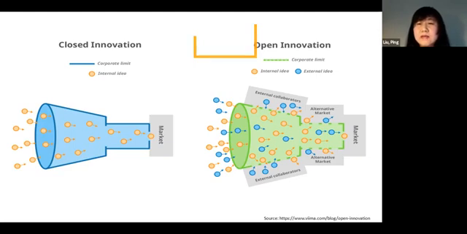As you can see, the corporate limit here is more penetrable. The valuable ideas can come from inside and outside the company limit. They also can go from inside and outside to the market.